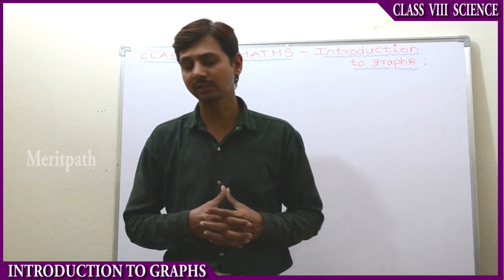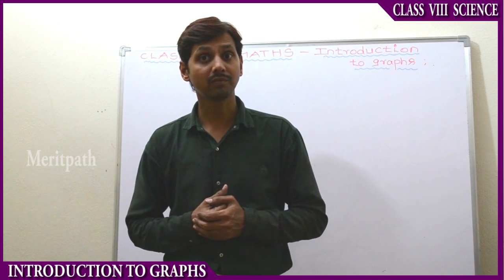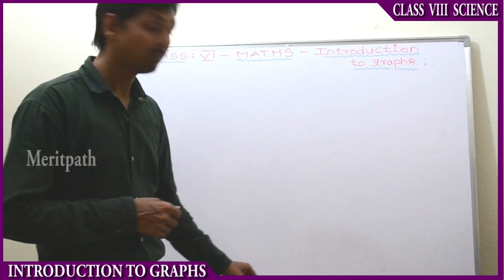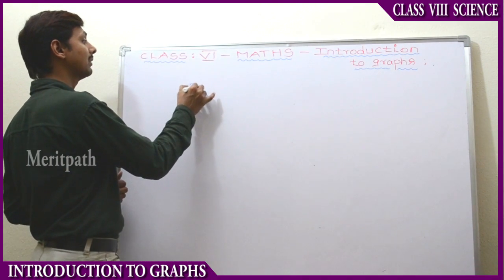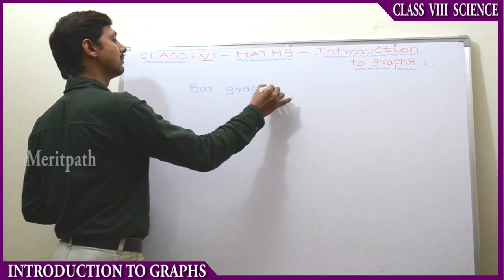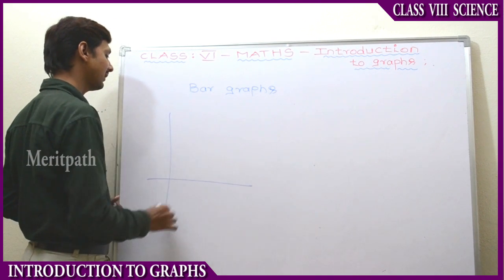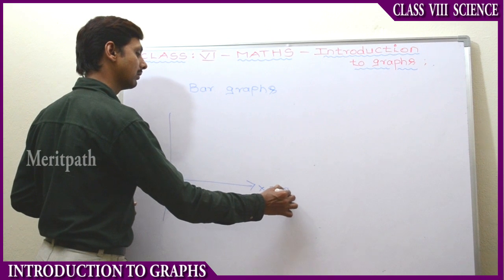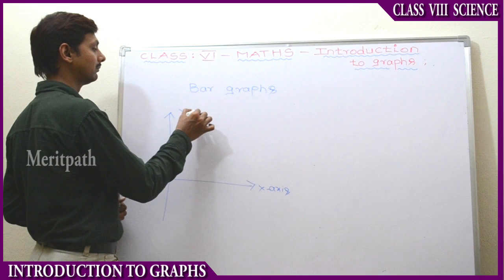So generally we see the different kinds of graphs. The first is bar graphs. Bar graphs are nothing but, on the x-axis and y-axis, we know the horizontal line is called the x-axis and the vertical line is called the y-axis.